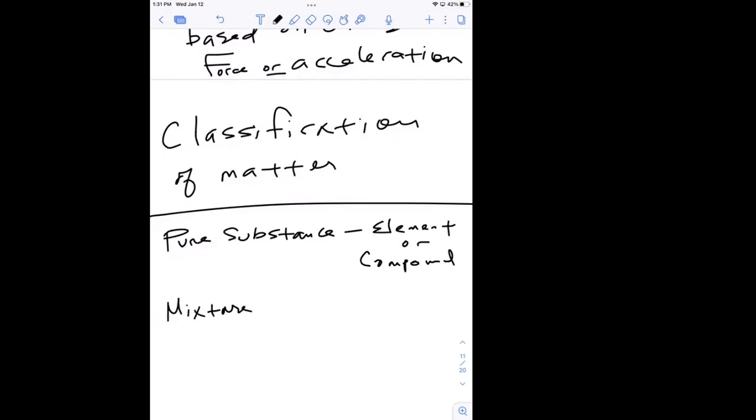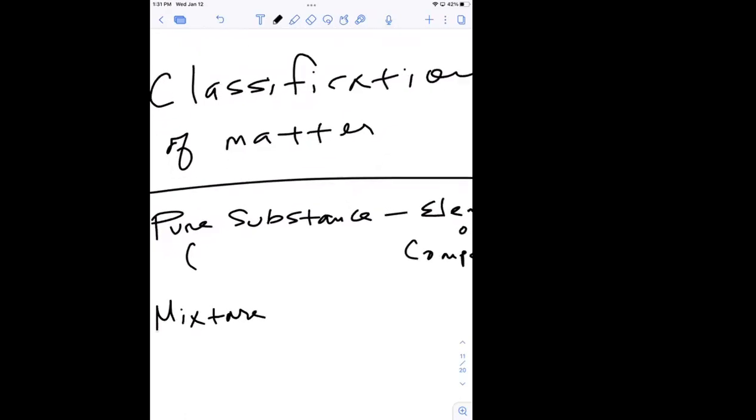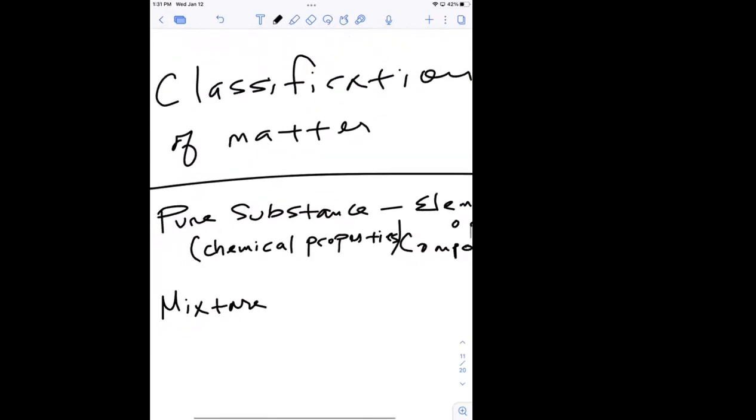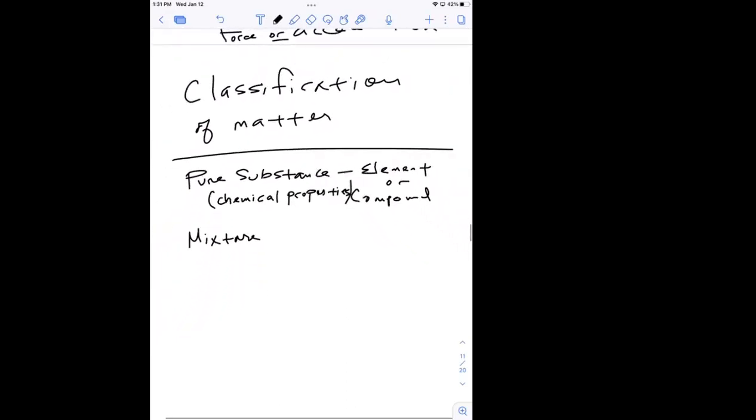Let me say up front, something that is a pure substance is either an element or a compound. What we're going to be looking at in that case are chemical properties, because compounds are formed chemically. Elements are formed chemically.